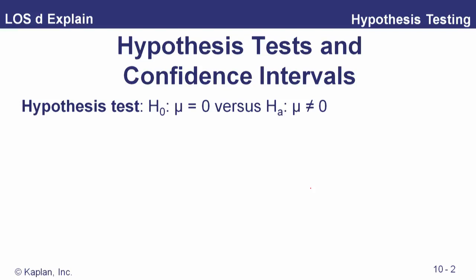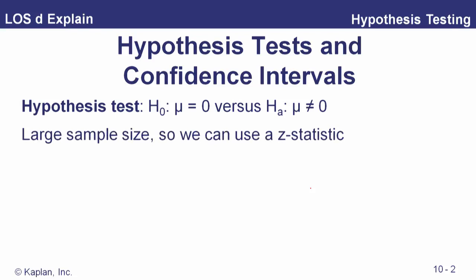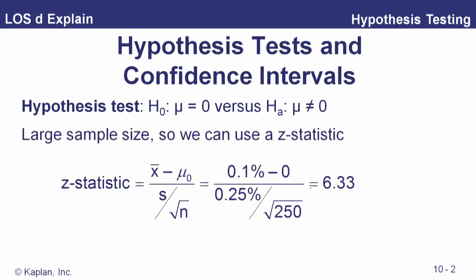So our hypothesis test, mu equals 0, versus the alternative, the mean's not equal to 0. We have a large sample size, so we can use a z-statistic. Sample size is 250. And here's our z-statistic. How far are we from the hypothesized mean? Well, our sample mean was 0.1%, so we're 0.1% away.